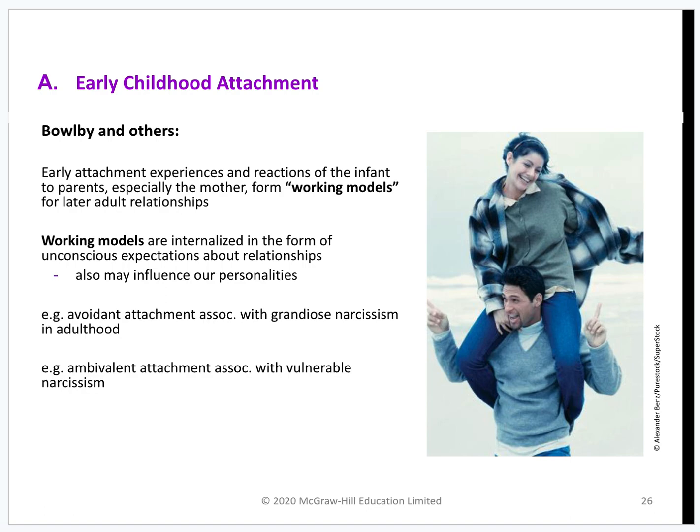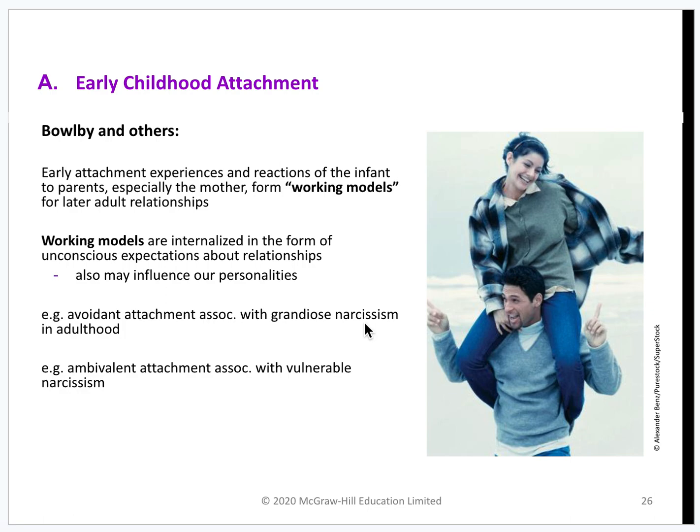Then they have a section that has, what does this mean? Okay, so if it's going to influence our personalities, for example, avoidant attachment, that type of attachment is associated with grandiose narcissism in adulthood.